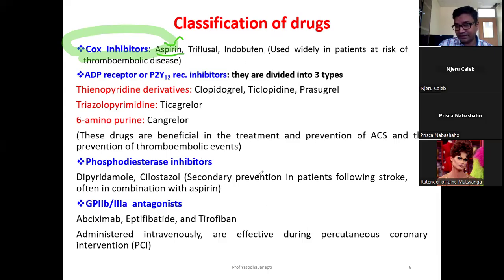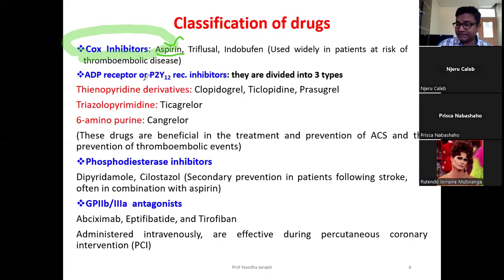I have written in the classification, used widely in patients at risk of thromboembolic diseases. What are the thromboembolic diseases? Angina pectoris, myocardial infarction, deep vein thrombosis, or even during CABG, coronary artery bypass grafting. During that condition, they use aspirin at low dose. We will discuss that.